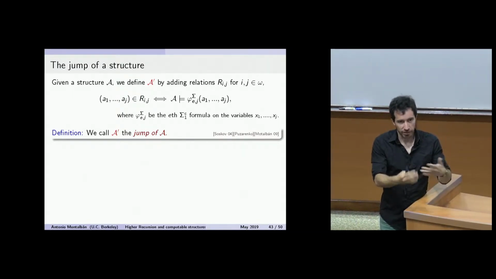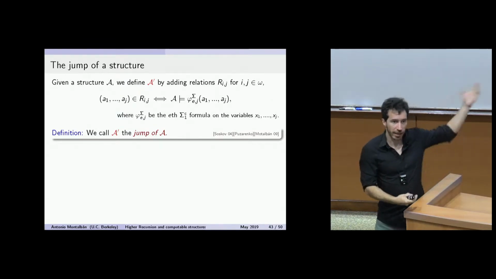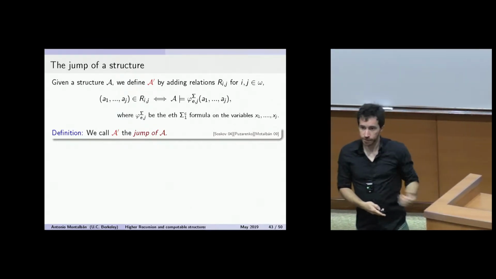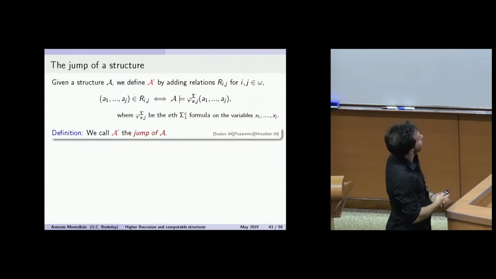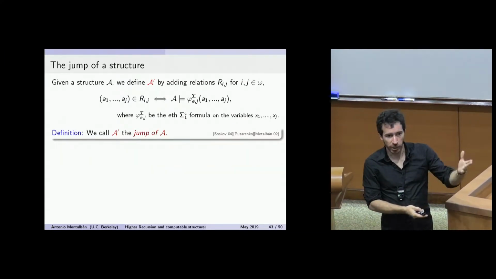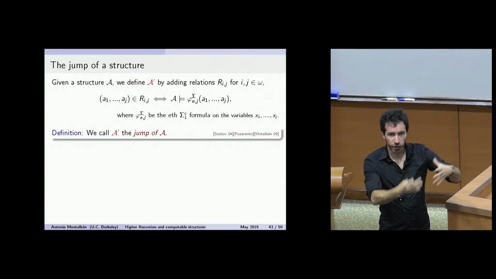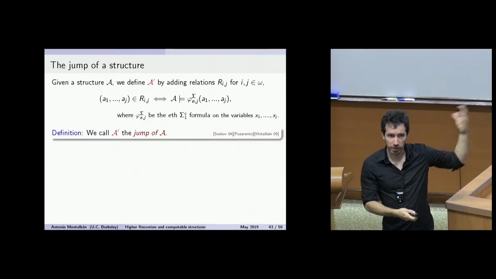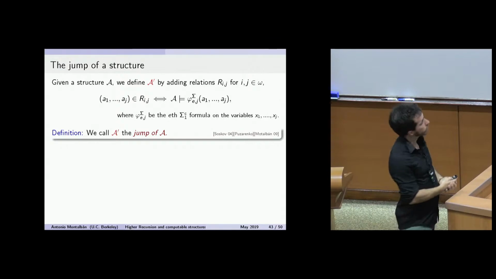You could see them from a different light if you use the language of the jump of structures. So that's why I liked it. And I was looking at some stuff with Boolean algebras, and what was going on became much easier to see if you talked about the jumps of structures.